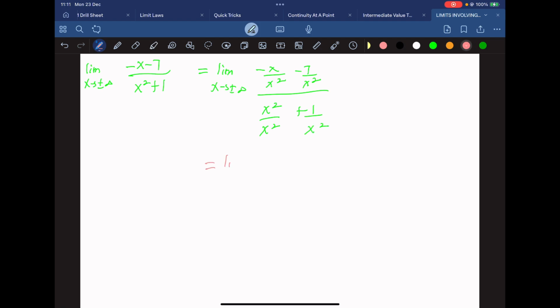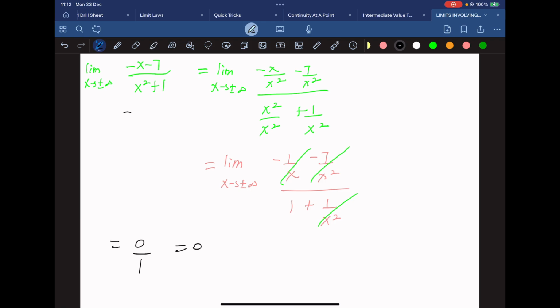So this is just limit as x approaches plus or minus infinity. The first term goes to minus 1 over x minus 7 over x squared. This is 1, then this is 1 over x squared. So using the property, this goes to 0, 0, and 0. So all that we have left is 0 in the numerator and 0 in the denominator, which is 0.